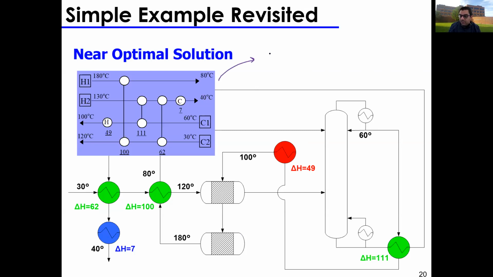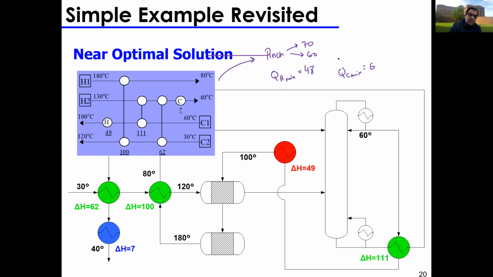We found the pinch point to be 70 for the hot, 60 for the cold. We found the QH minimum to be 48, and the QC minimum to be 6. So we have all our numbers.